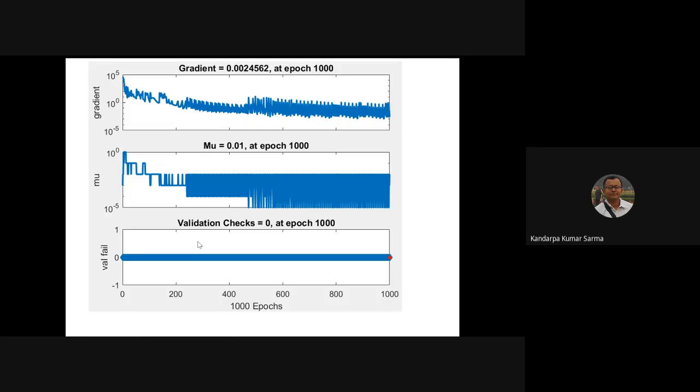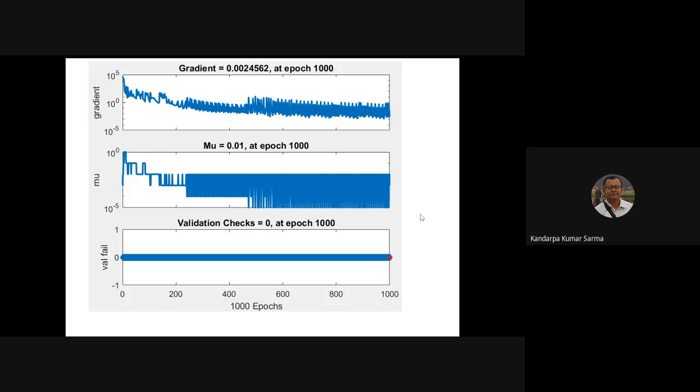If we see the training time performance, we can find the plots for the gradient descent, the step sizes, and then the validation checks. So these are quite comfortably generated.